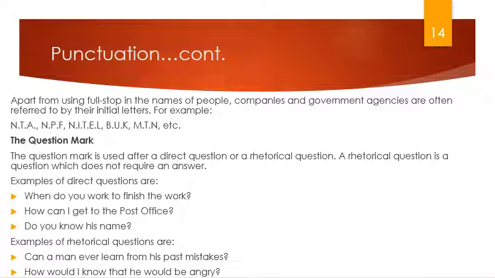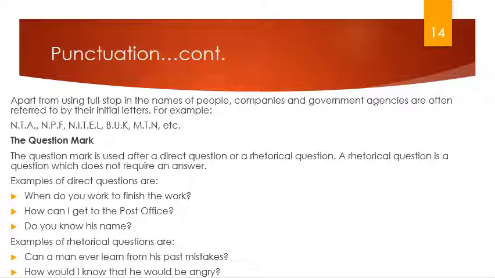That is when the writer is not writing the full name of a company or a government agency, he can use a full stop with the initial letters or acronyms. For example, N.T.A., that is National Television Authority. When the initials, the N for National, T for Television, and A for Authority, are used, then a full stop is used after each letter.